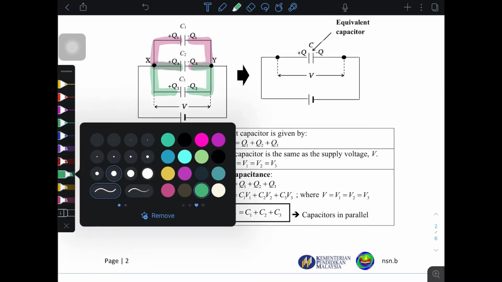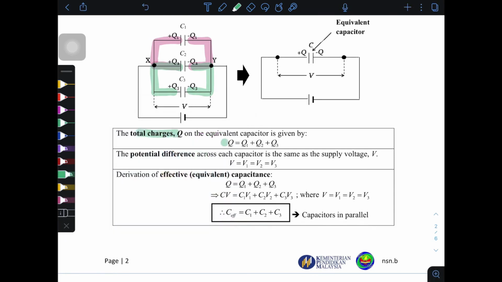So, untuk parallel, charge-nya ialah hasil tambah. Okay, dekat C1 akan ada Q1, akan ada Q2, akan ada Q3. So, Q totalnya ialah hasil tambah 1, 2 and 3. Dia dah tak sama. Okay, but the potential difference across each capacitor is the same as the supply voltage.